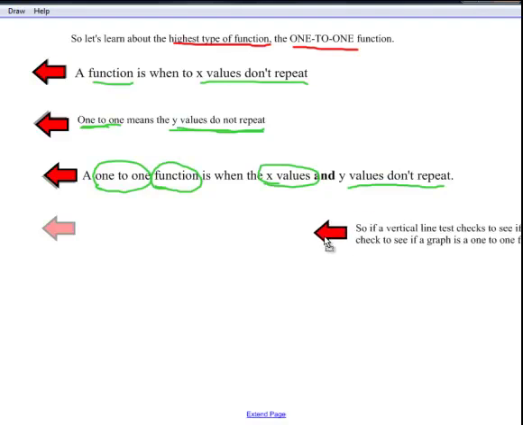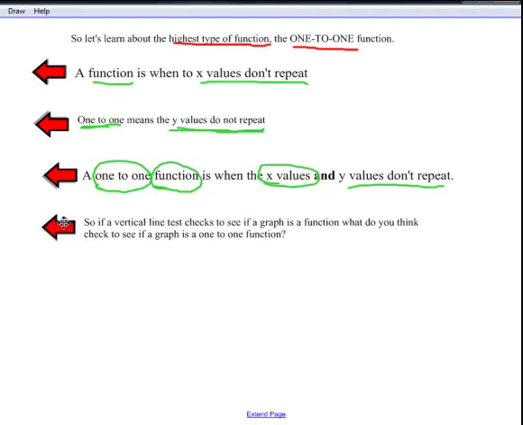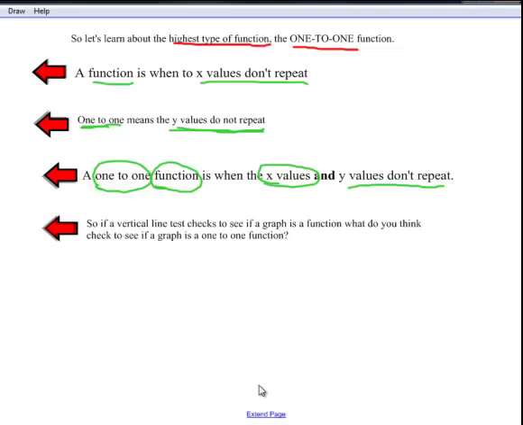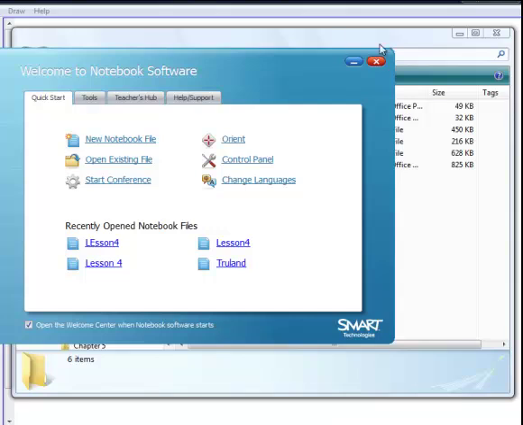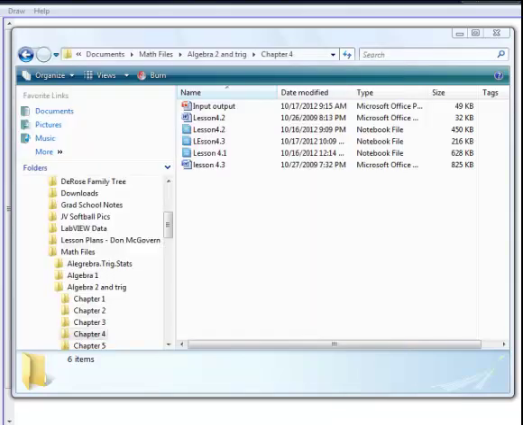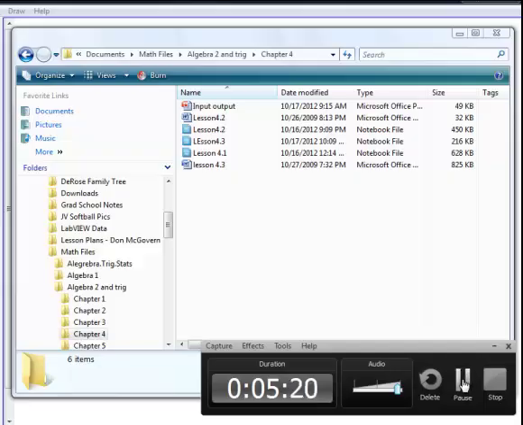All right, and the last thing kind of makes sense. If a vertical line checks to see that a graph is a function, what do you think checks if it's a one-to-one function? What do you think, Chad?